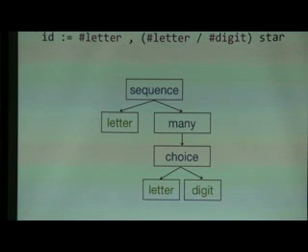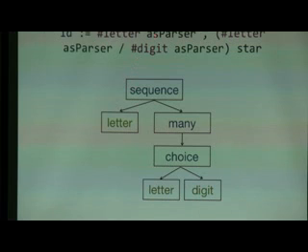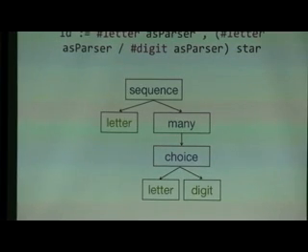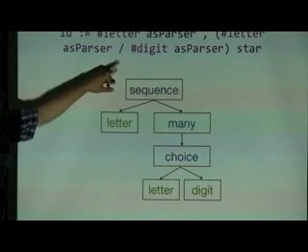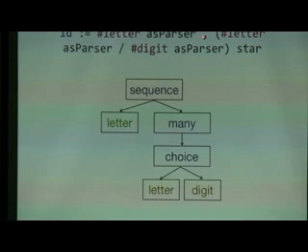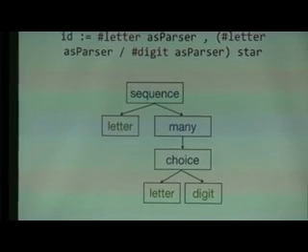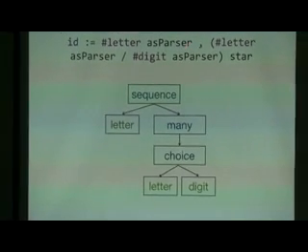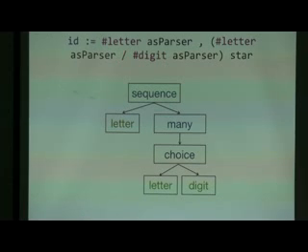So I use these symbols to represent these parsers. I'm cheating here a bit. I always have to say asParser, because I don't really want to reuse these symbols or implement the parsing functionality in the symbols themselves, right? So asParser just returns me these objects, and I use this nice internal domain-specific language with the binary operators in Smalltalk to represent the sequence and the choice.